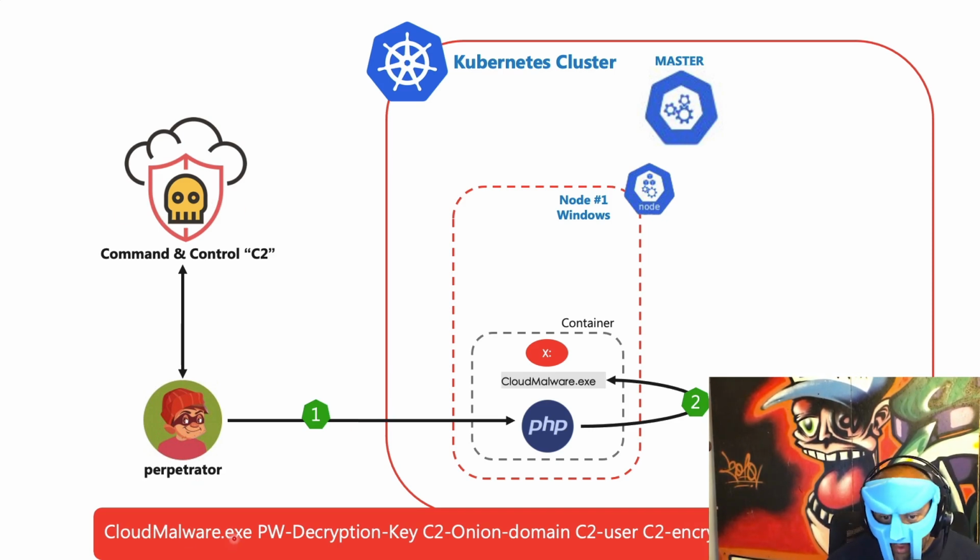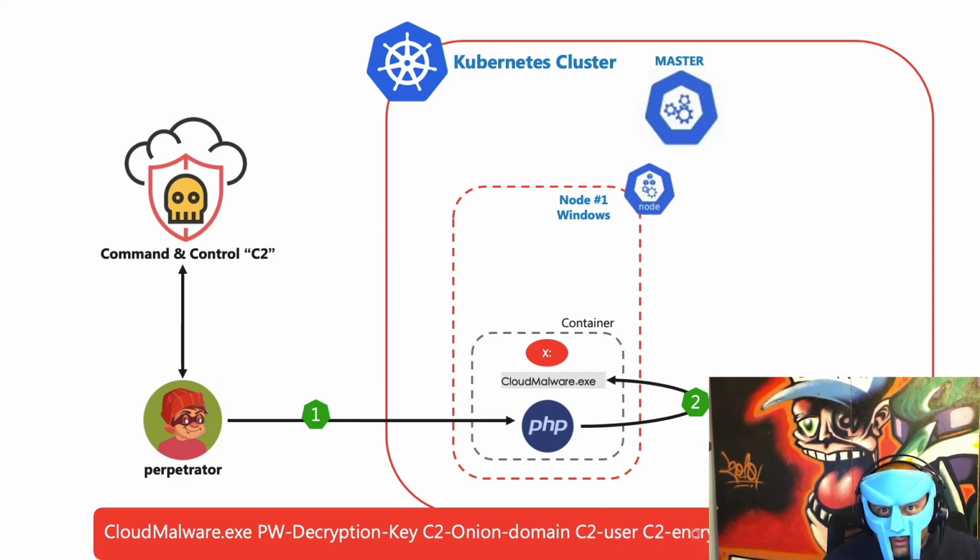So you have cloud-malware.exe, and then the decryption key for the password, or one of the two decryption keys for the password. Then you have the onion domain. I'm not sure about the order afterwards, but I'm just trying to throw it out there, that it definitely passes the onion domain to where this command and control server lives. It also must pass something like a username, and then an encrypted password with it.